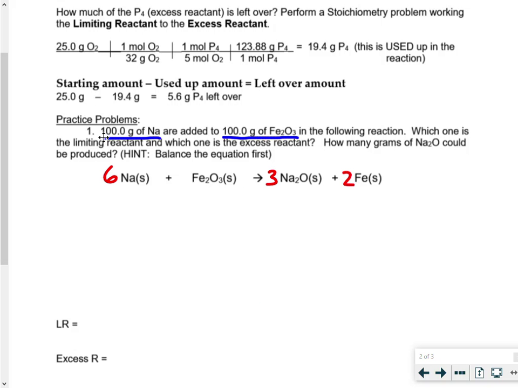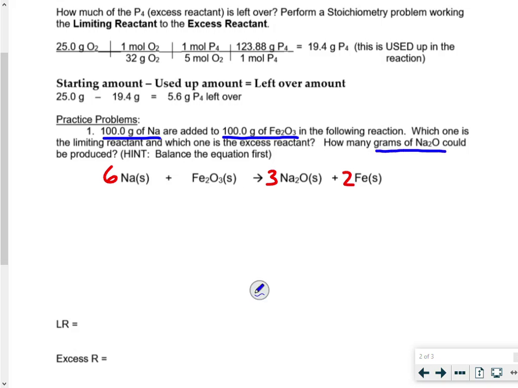So I'm going to set up both of my reactants. And the other thing that you need to pay attention to in these problems is, it tells me my reactants, but it also basically words it later on. It wants the limiting and excess reactant, but then it's also going to tell me which product to work to. How many grams of the sodium oxide could be produced?